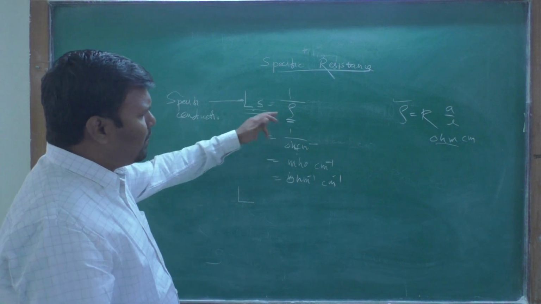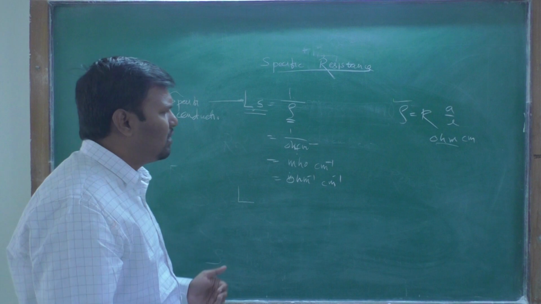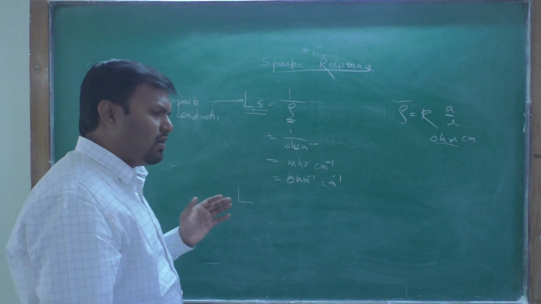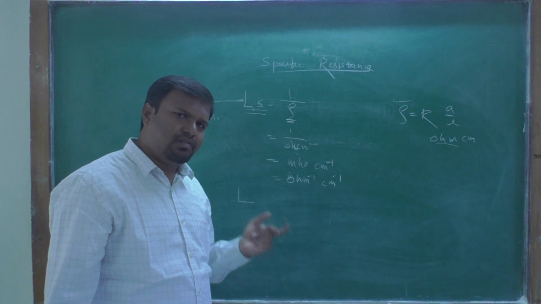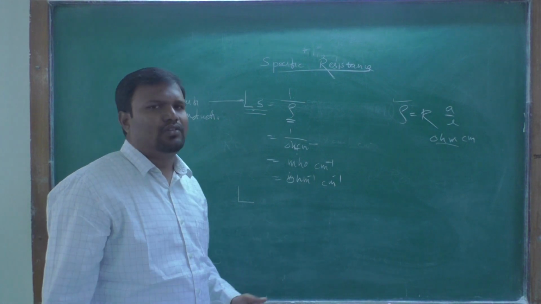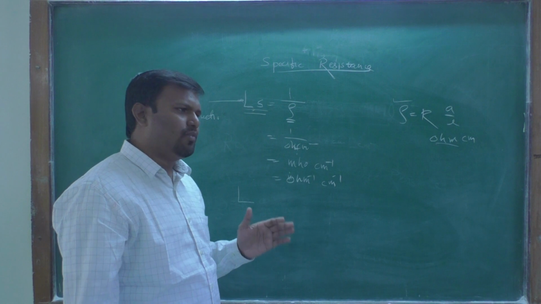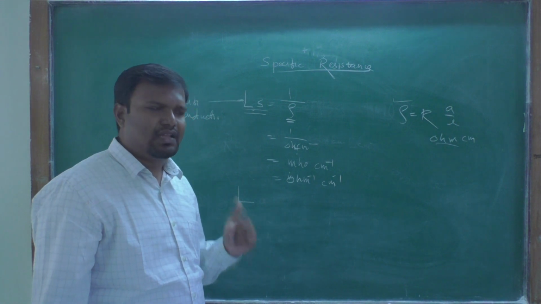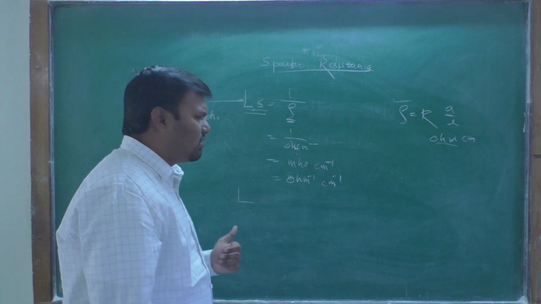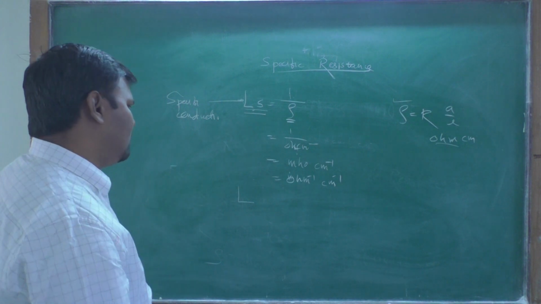Therefore specific conductivity can be defined as the conductivity per 1 cubic centimeter of conductor, that is, the conductivity of a conductor of 1 centimeter length and 1 centimeter square cross-sectional area. You can define conductivity like that.